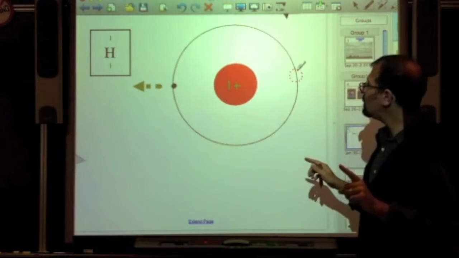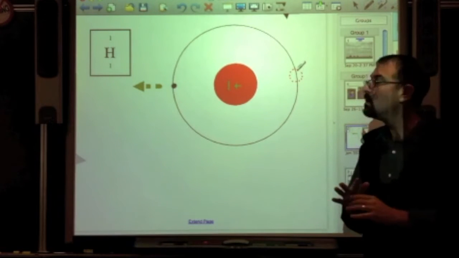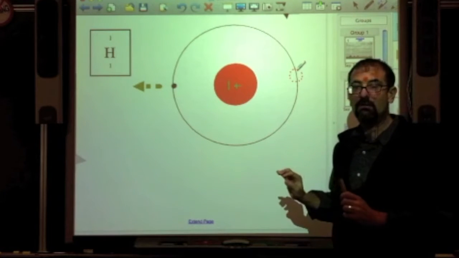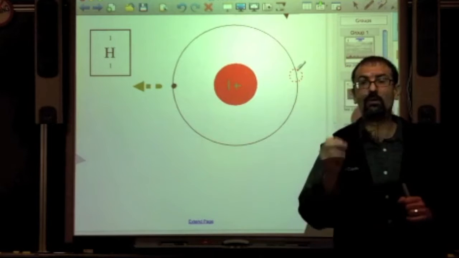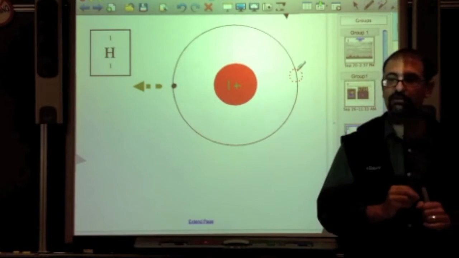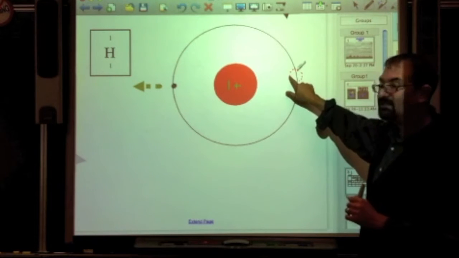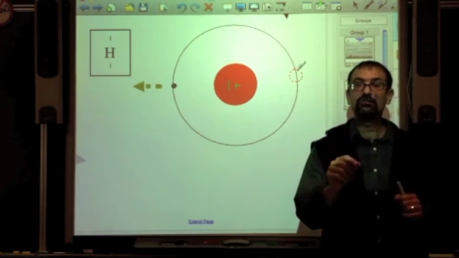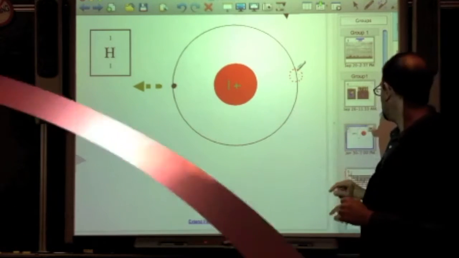That's the key. We want to find out how many electrons are needed to fill the shell. And the first shell surrounding the nucleus holds a maximum of 2 electrons. Therefore, there is 1 vacancy here, and hydrogen can make 1 chemical bond for its 1 vacancy.